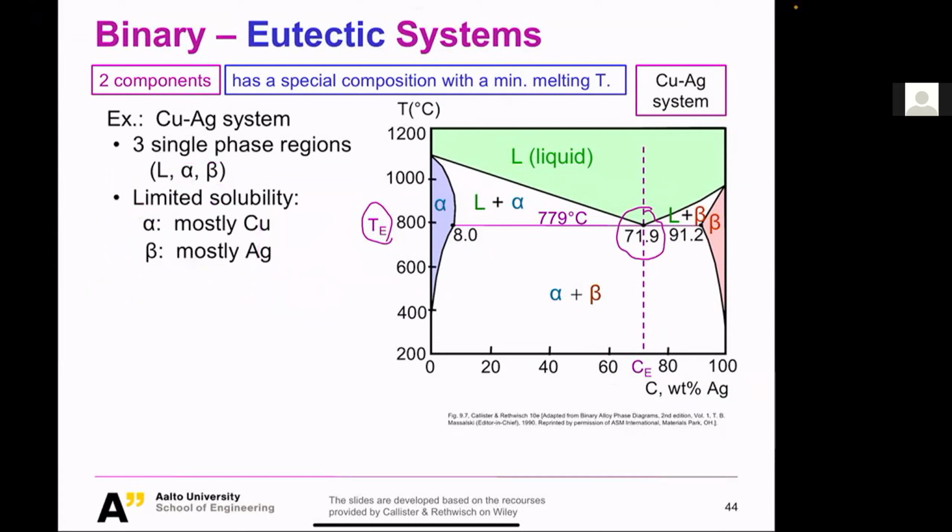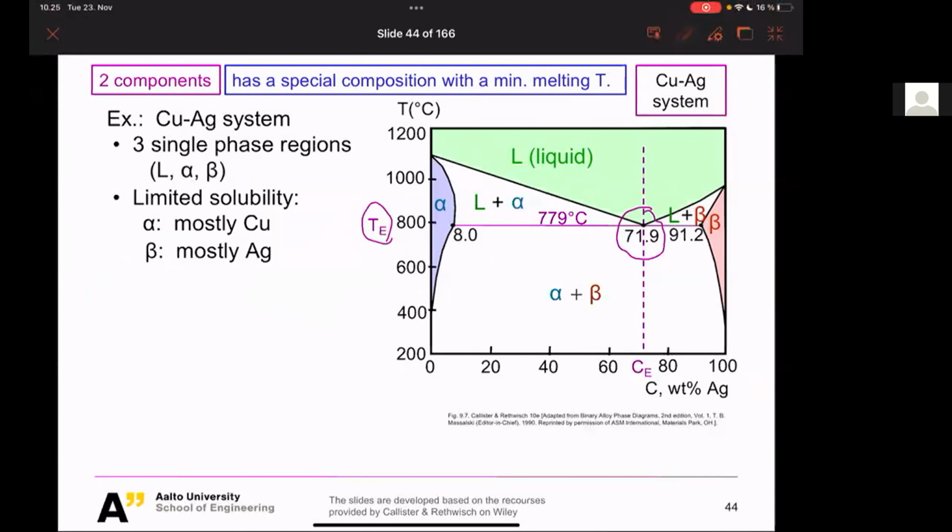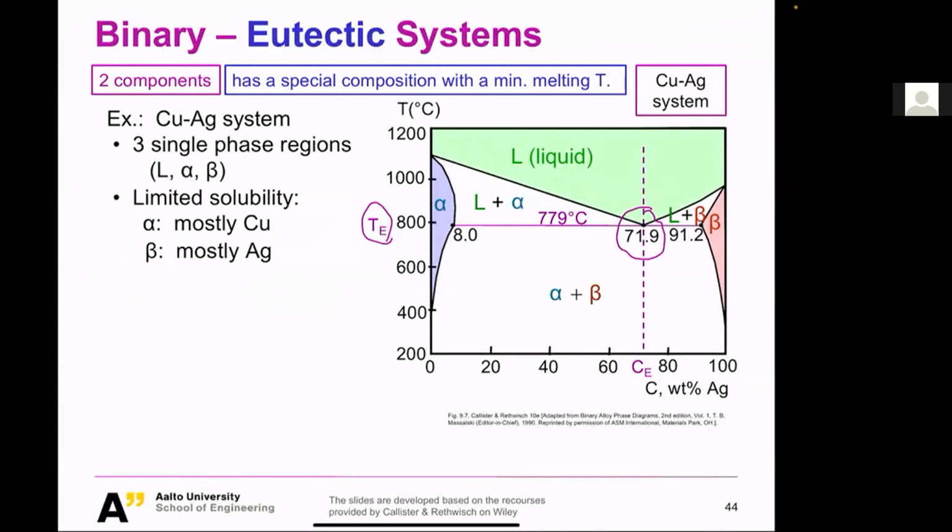All right, if you try to visualize here, we actually created three single phases for this kind of eutectic structure. It's a little bit more complicated than isomorphous. We have the liquid, that is a solution, and we also have this so-called alpha, which is a solid solution, and this beta is another solid solution.